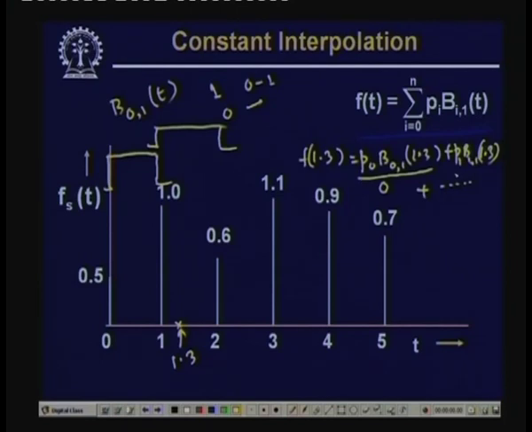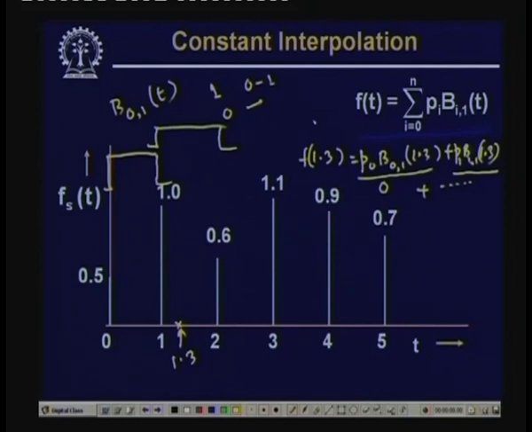Now, when I compute this p 1 into b 1 1 1.3, you find that this b 1 1 is equal to 1 in the range 1 to 2 excluding 2, and beyond 2 the value of b 1 1 t is equal to 0.